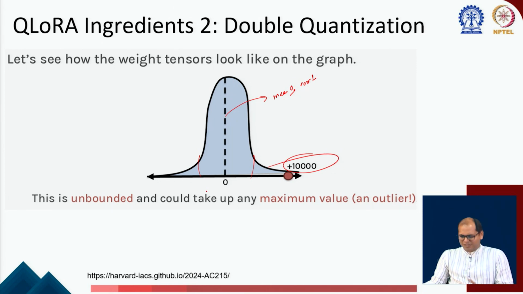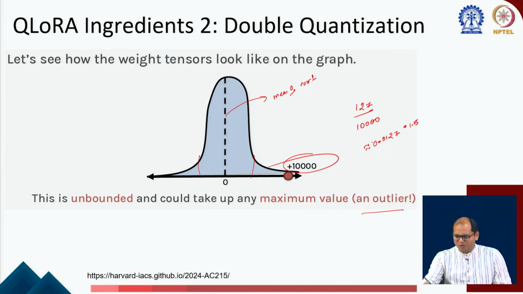So what is the impact? This is what we call an outlier. Suppose you have an outlier. What do you think will be a problem with this? I'll again go back and say 127 divided by, let's say, 10,000. This becomes a very small number, 0.0127. And now you multiply a weight by, say, 1.5, and then you do rounding.